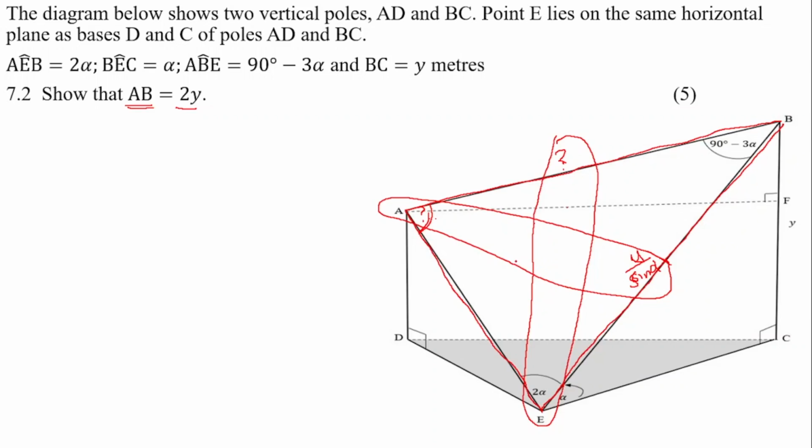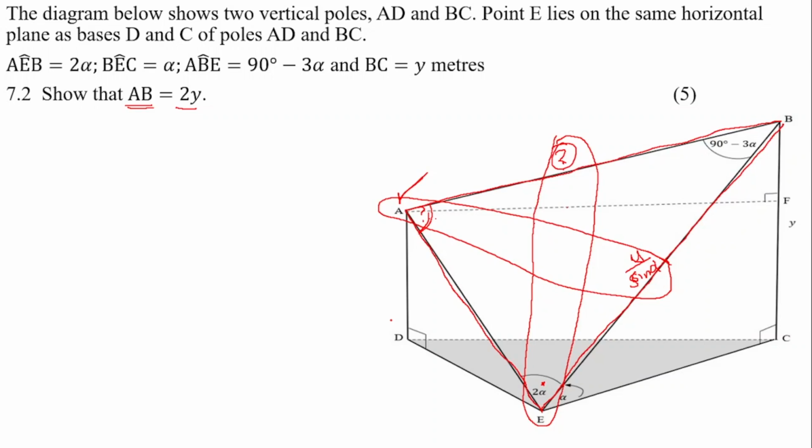Remember, for us to be able to use the sine rule, we need one angle side pair and any other angle or any other side. For the cosine rule, you need two sides and an included angle. The angle must be between the two sides.